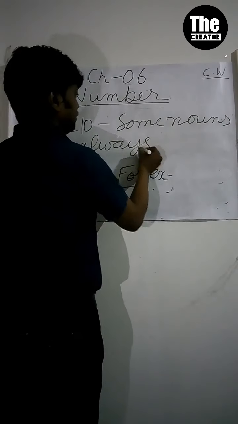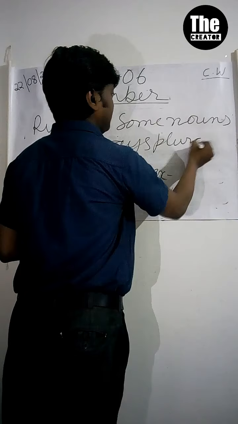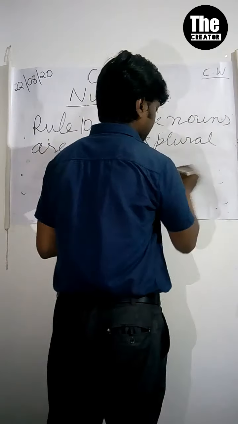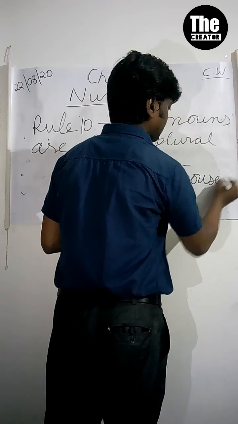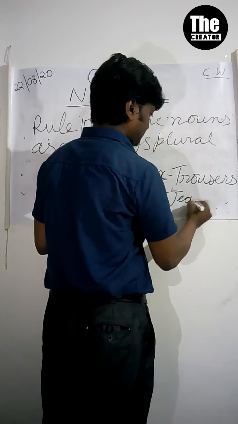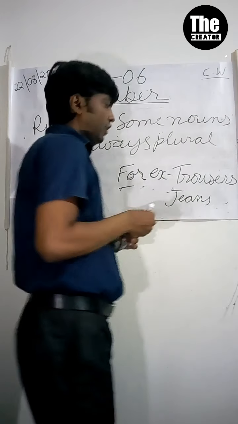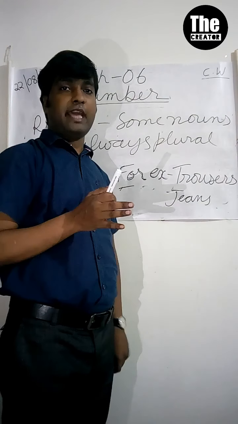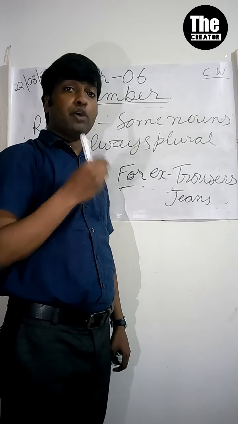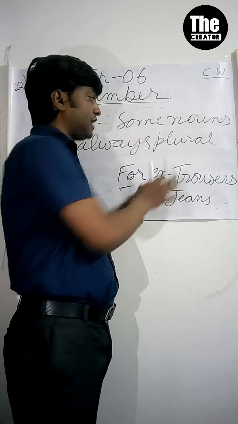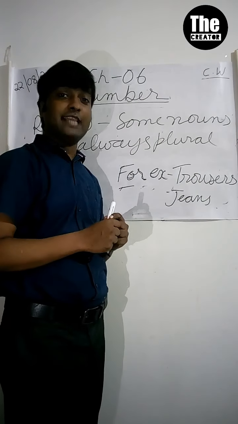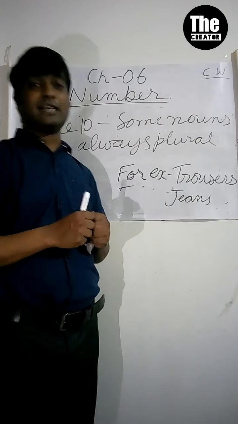If we talk about some examples, trousers, jeans. Got it? So you cannot use trousers in singular or plural separately. It is used in both. Got it? That's the thing. So these were some of the examples.